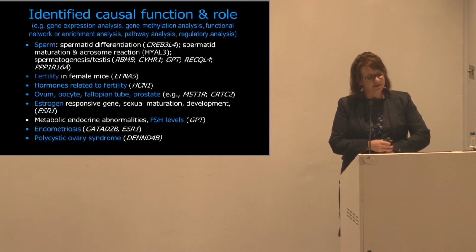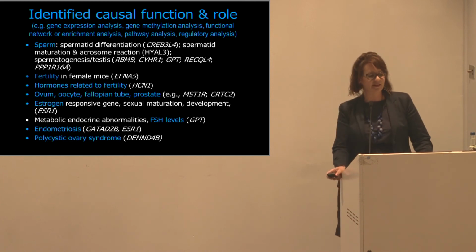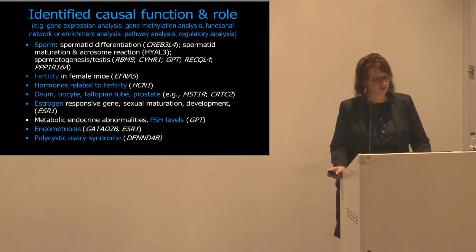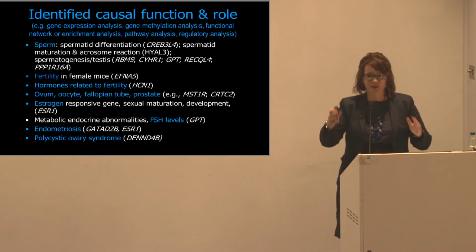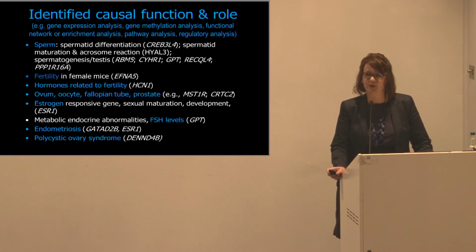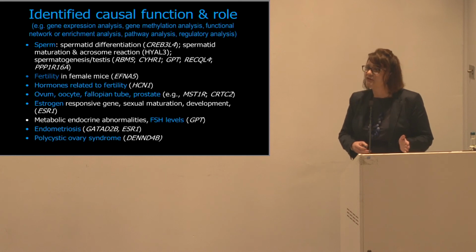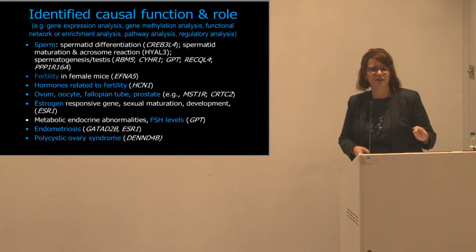But it was interesting, some of the things that they did find was, some of the genetic loci that we located were related to sperm function, quality and function in men, infertility, hormones. That's why I was really excited about the last presentation as well, and about estrogen, FSH levels. And there were some very clear overlaps for women with endometriosis and polycystic ovarian syndrome, which are related to infertility.